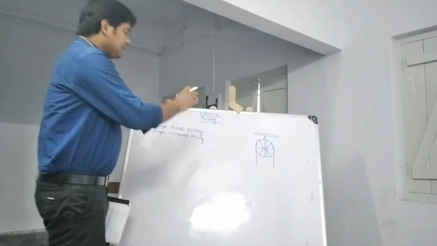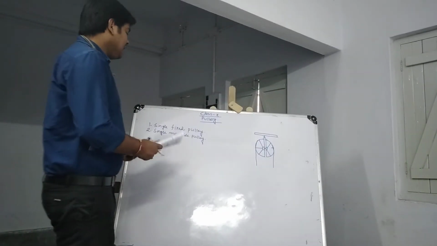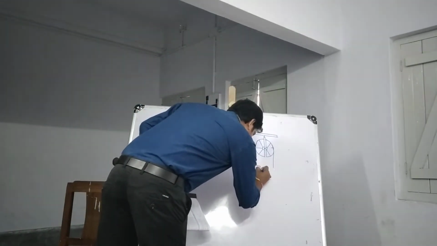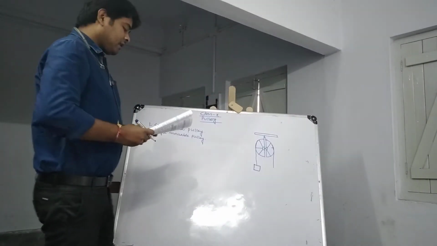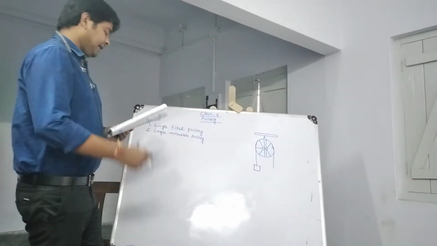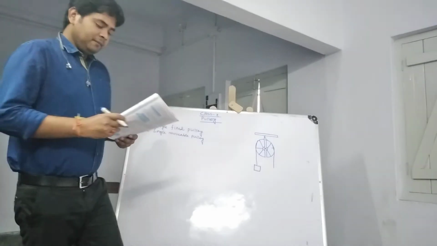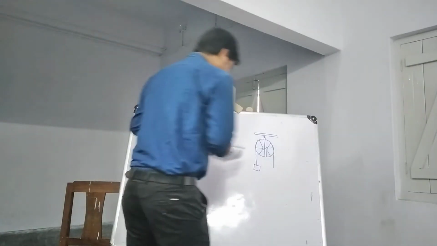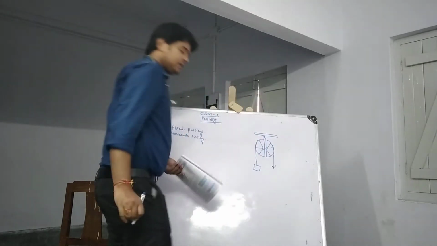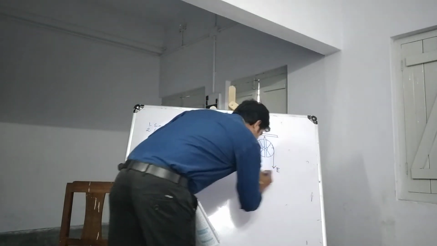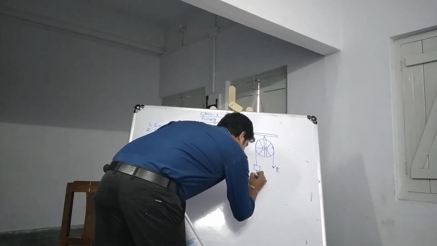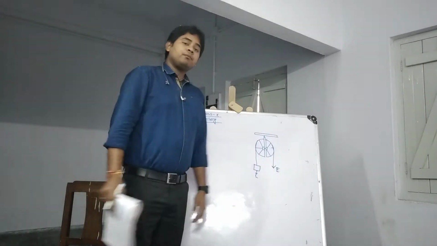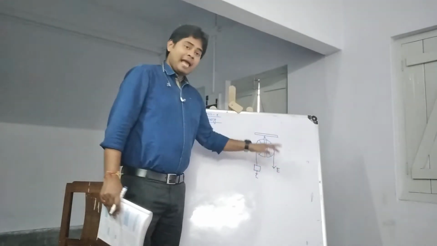In this figure, one end of the string is attached to the load A, and at the other end of the string we apply the effort E. The load acts downwards, and the effort also acts downwards.